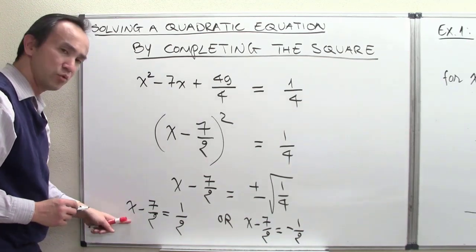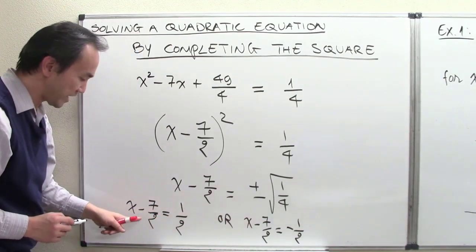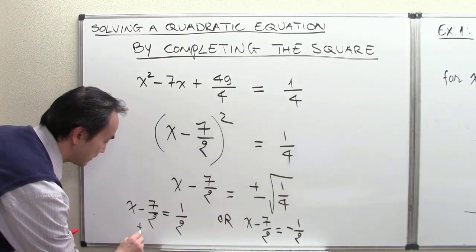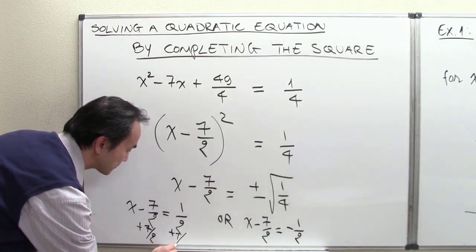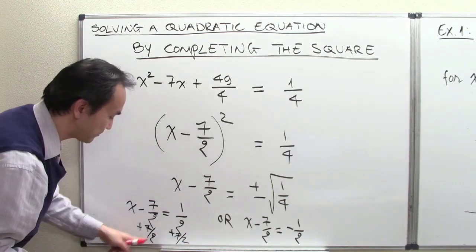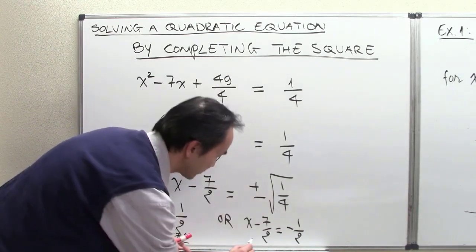And so now what I'm doing to each of these two equations, I'm simply adding 7/2 to both sides.